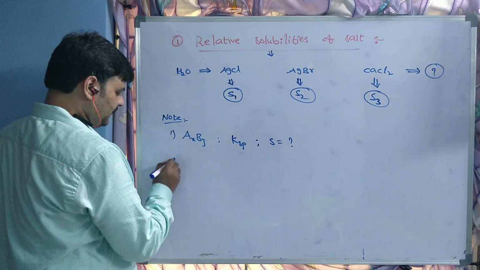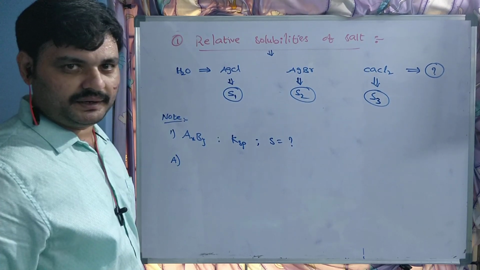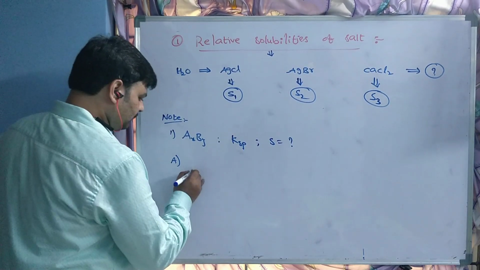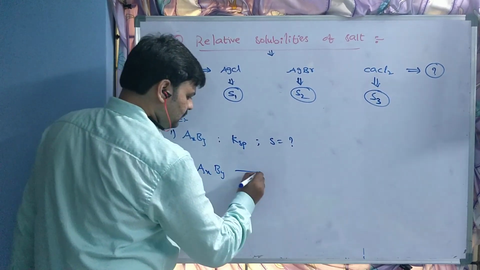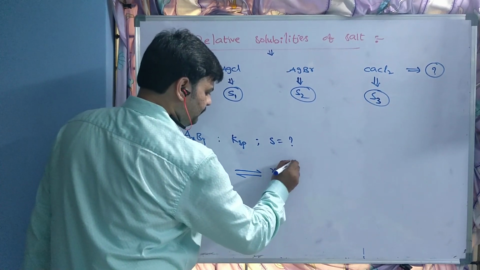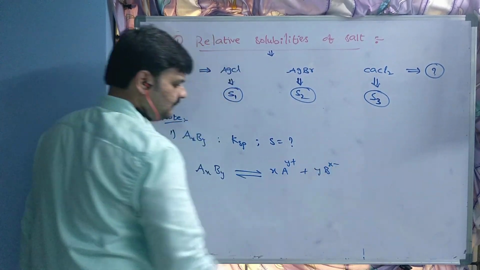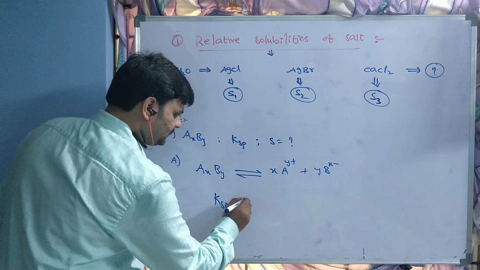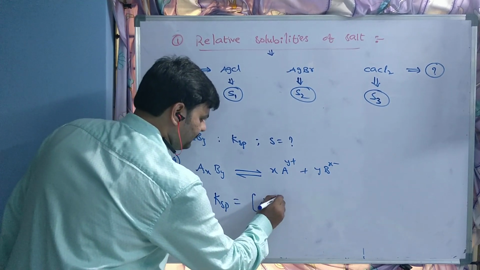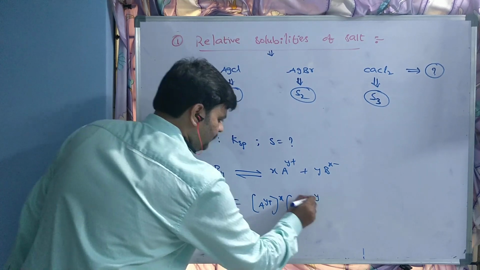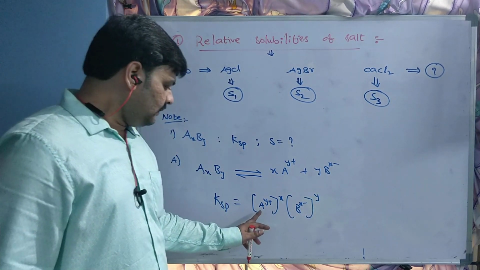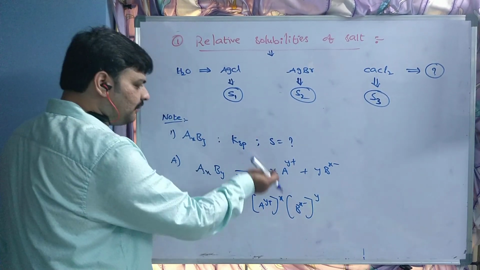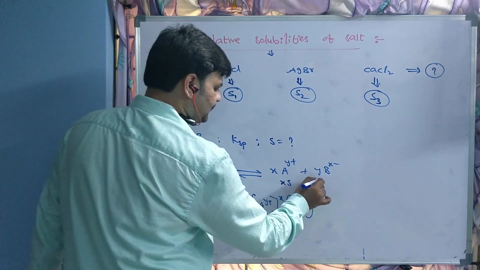So, let's see how I do the calculation for finding the solubility by using KSP for the salt AxBy. First, we take the salt AxBy, which dissociates into xA^y+ plus yB^x-. It is dissociated into cation and anion. Therefore, the solubility product KSP is equal to [A^y+]^x [B^x-]^y, the product of the molar concentration of the cation and the concentration of the anion. Suppose the solubility is S, then the cation concentration is xS and the anion concentration is yS.